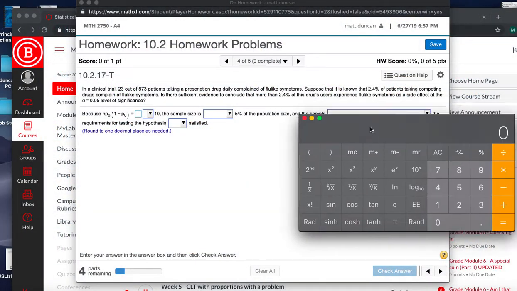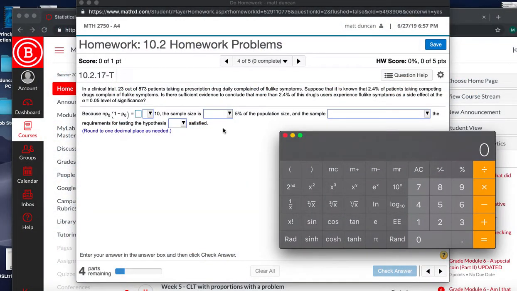For this one, p naught is going to be the value that is in your null. So what's the value that's assumed to be true? In our case, it's 2.4%, so that's 0.024. That's p naught, multiplied by your sample size, 873, multiplied by 1 minus p naught.